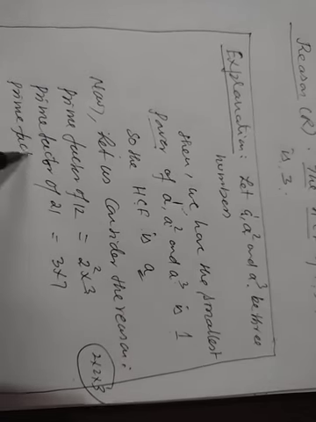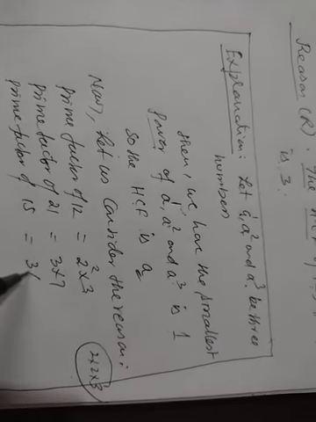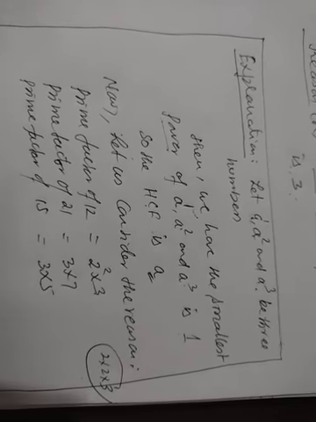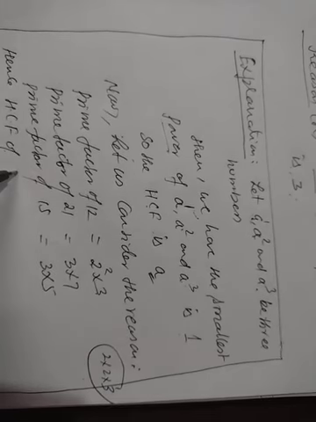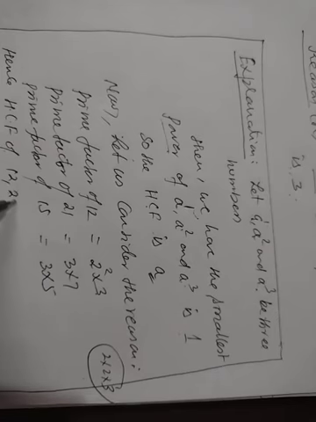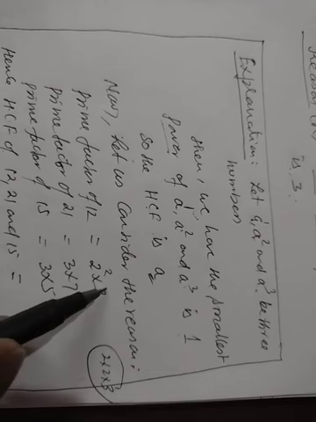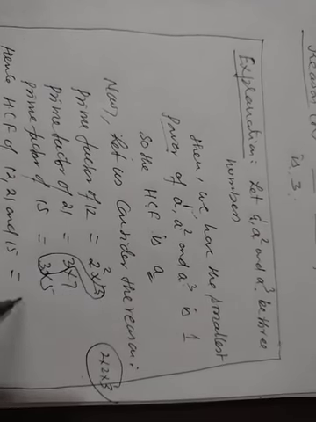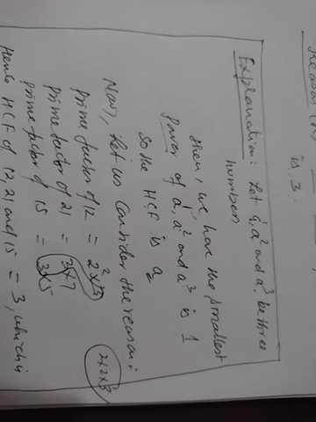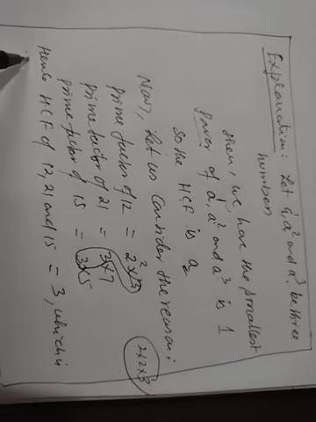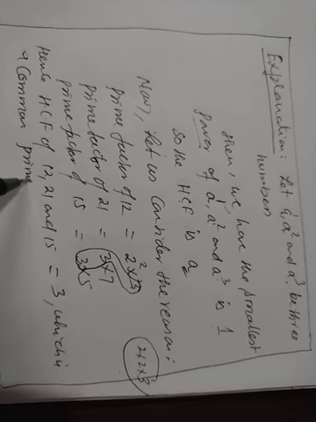Now prime factors of 15 are 3 into 5. Hence the HCF of 12, 21 and 15 equals 3, which is a common prime factor.